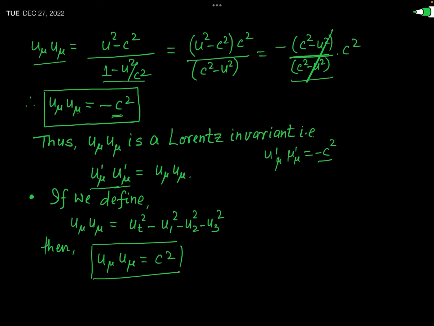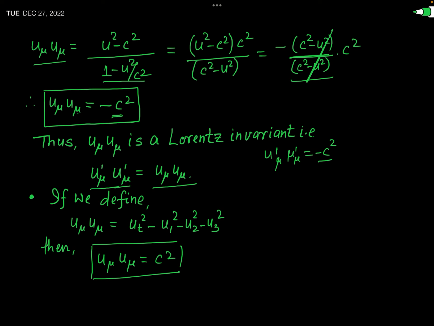So we can say that this product will be simply equal to u mu times u mu. So we simply say that the square of the four velocity vector is a Lorentz invariant, or you can also say that under Lorentz transformation this will remain invariant.